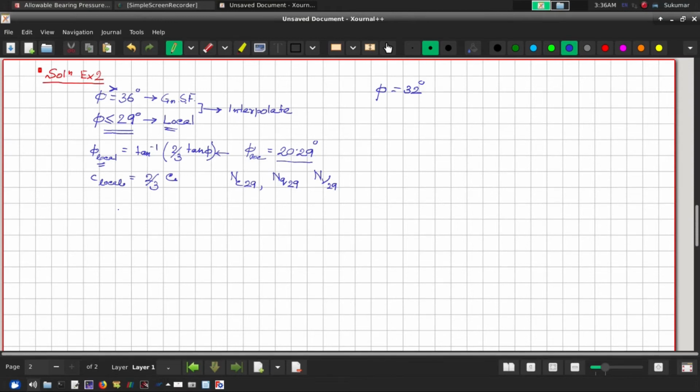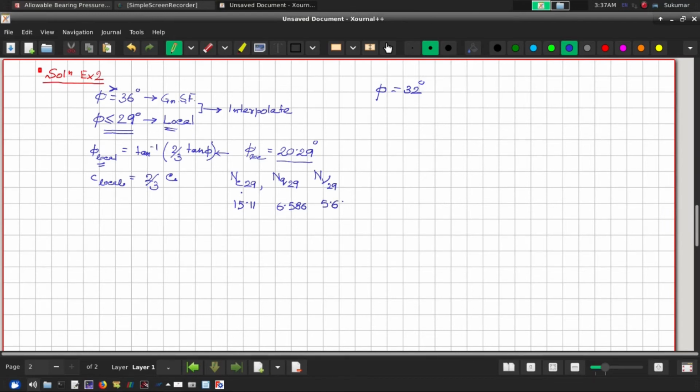Okay, and if I find them, then I get their values as 15.11, I'm very sorry, it is not 15.11, it is 15.11, and NQ I get 6.586, and N gamma for this condition I get 5.61.